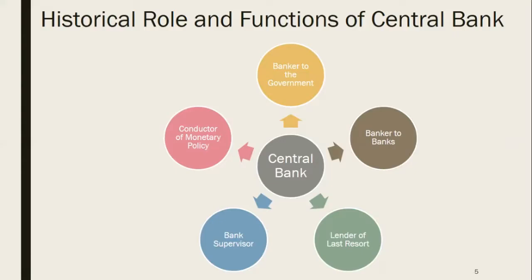Last week we also discussed this. Normally, what does a commercial bank do? They take funds from the excess units and transfer that to deficit units. So they borrow money from the excess units and they lend money to the deficit units. But there's a time mismatch between these borrowings and lendings.